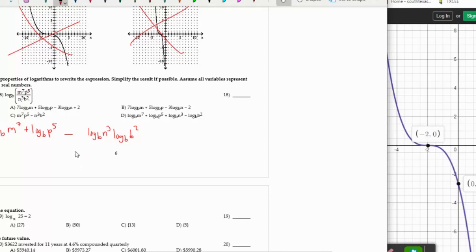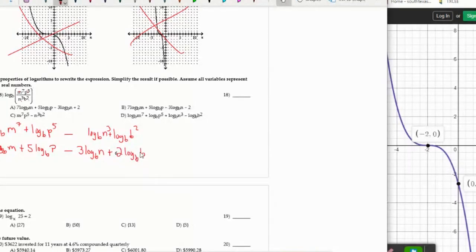Now we have to bring down the exponents. Log b, m, log e, minus 3 log n. And then this one would be, I forget, plus 2 log b.